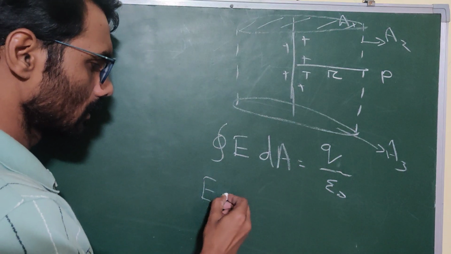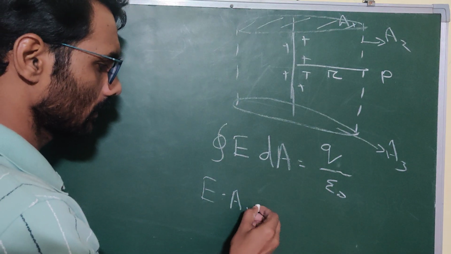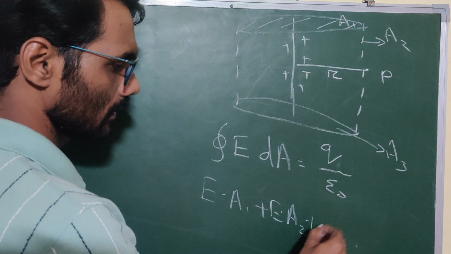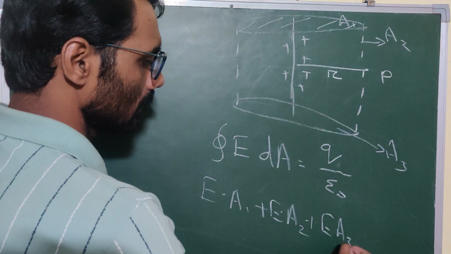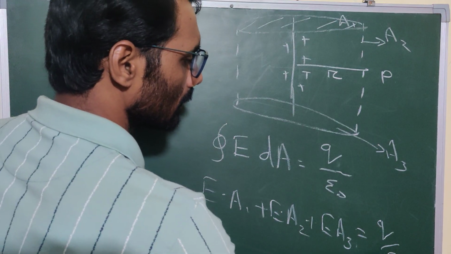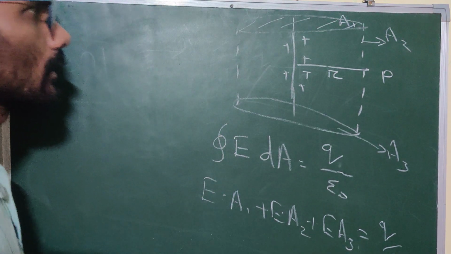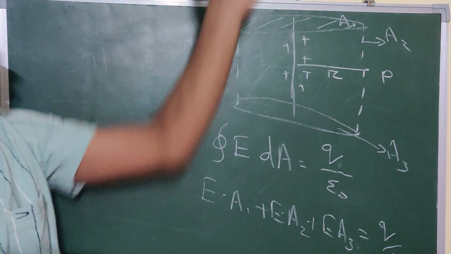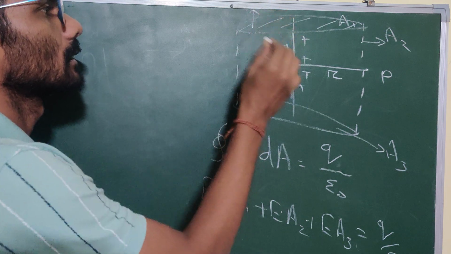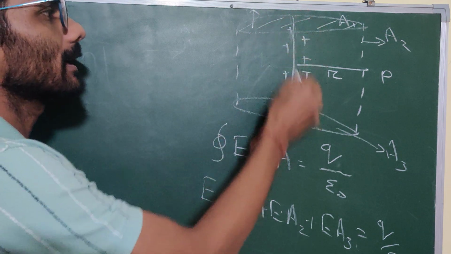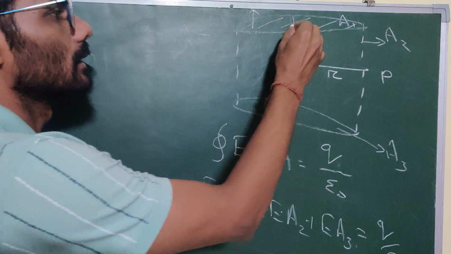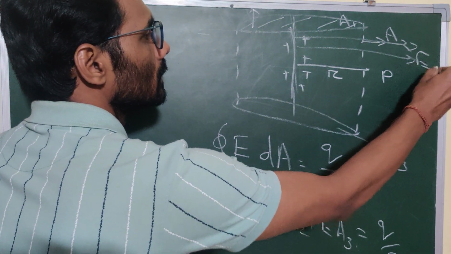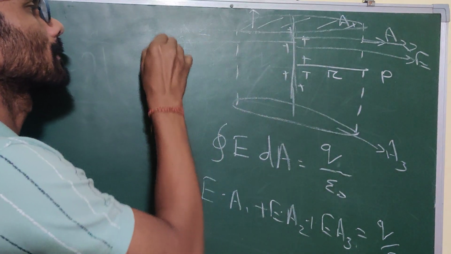So E dot A1 plus E dot A2 plus E dot A3 equals Q by epsilon naught. This area is facing outward, so the area vector is in this direction, but this is a charged wire, so electric field lines are coming out away from it.